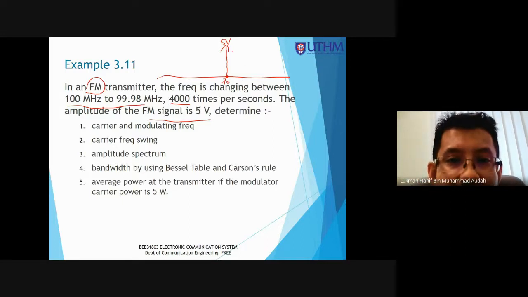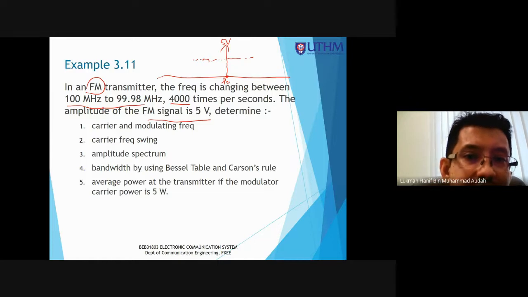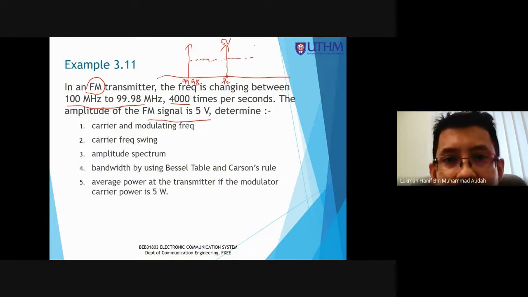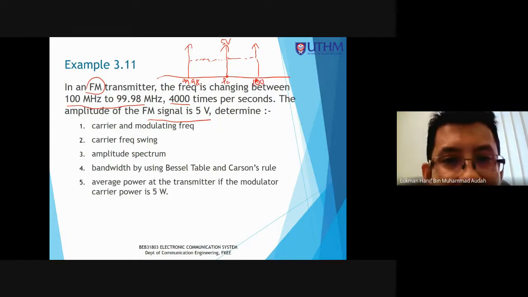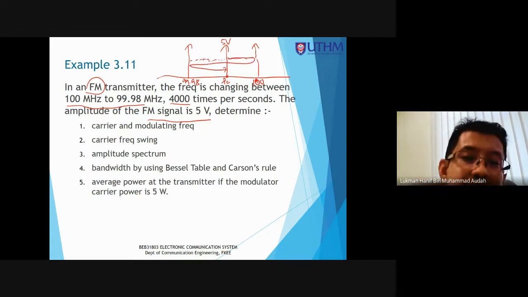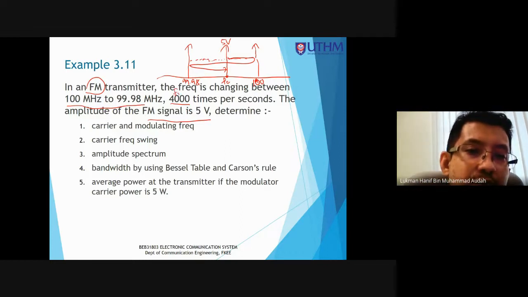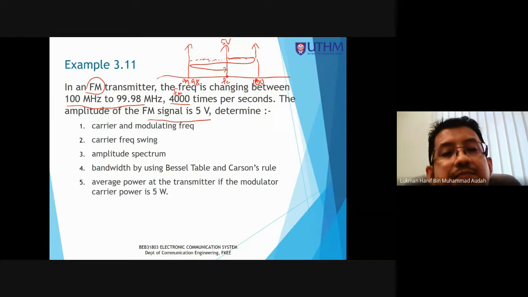And this carrier oscillates from 99.98 until 100 megahertz. And the rate of oscillation is 4,000 times per second. So this actually refers to the modulating signal frequency.